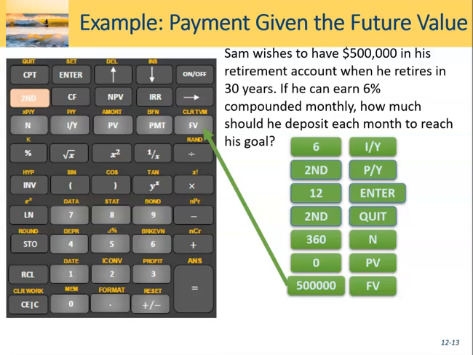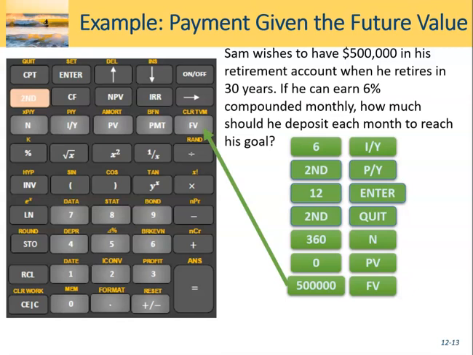So your 500,000 is a positive number, and you know that your 360 is a positive number, present value is 0. Remember, where we're going to get 500,000 in the future coming into us, we know that the amounts going out need to be negative, right? So that money going out is going to come up as a negative number.